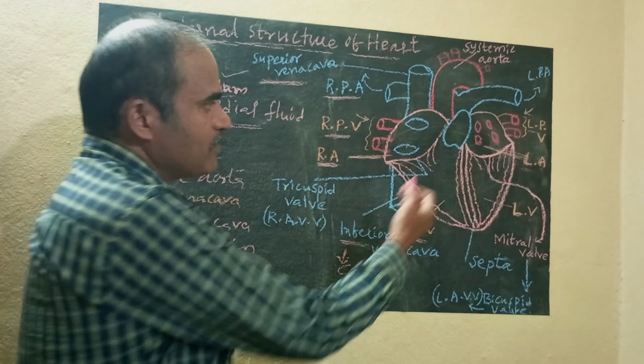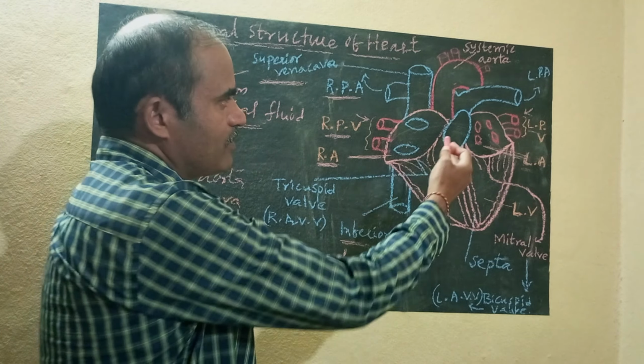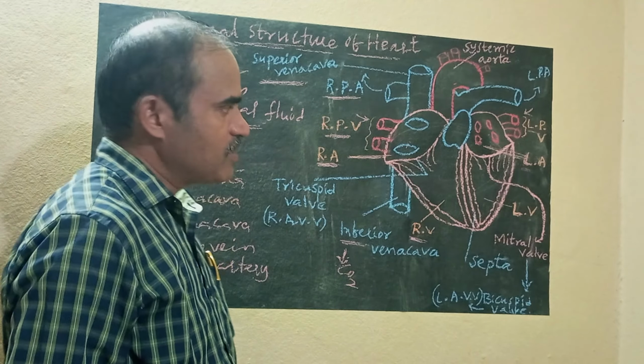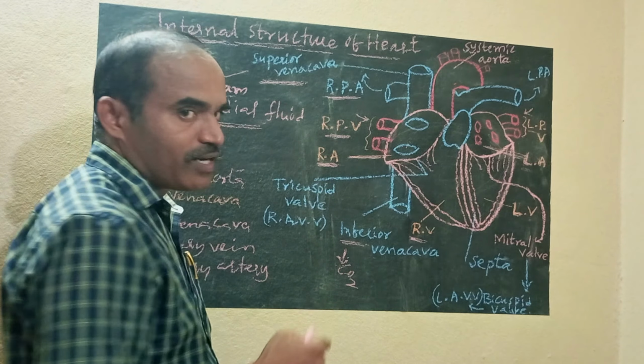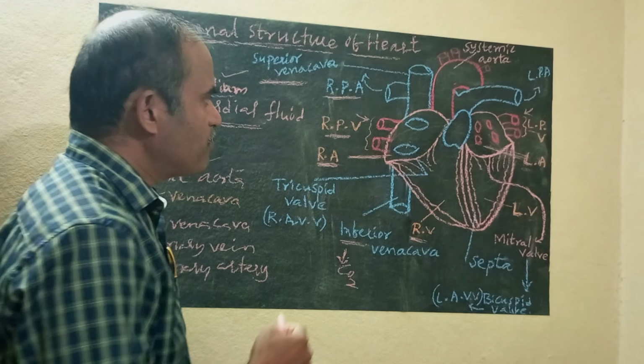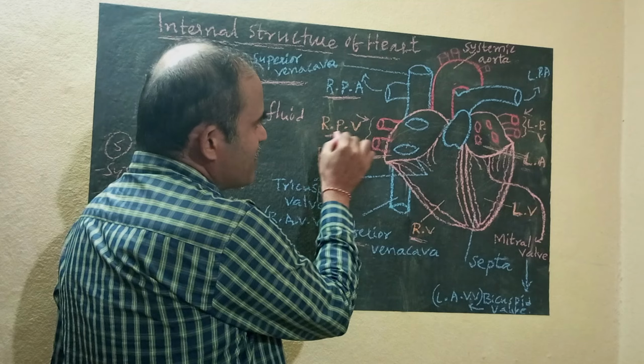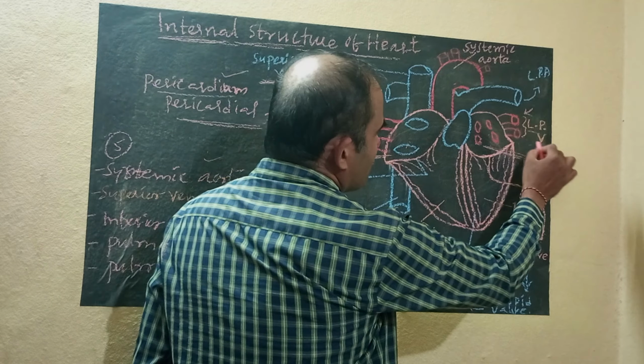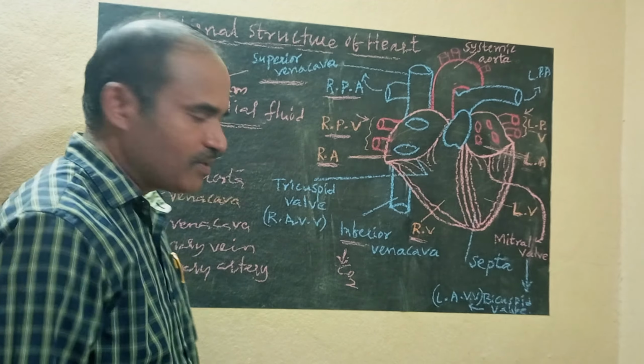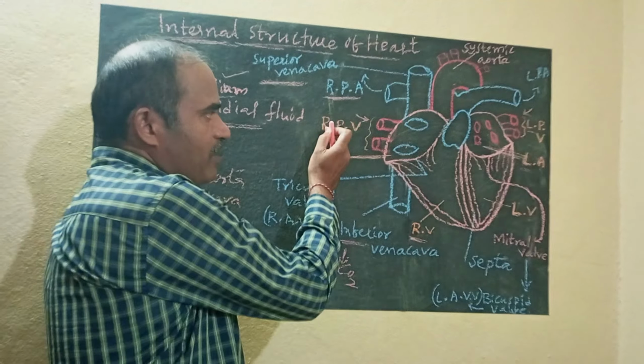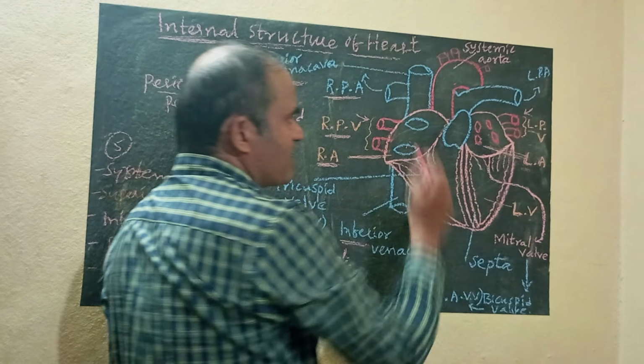Next, we will discuss the other blood vessels, pulmonary artery and pulmonary vein. On the right side is the right pulmonary vein and on the left side the left pulmonary vein.